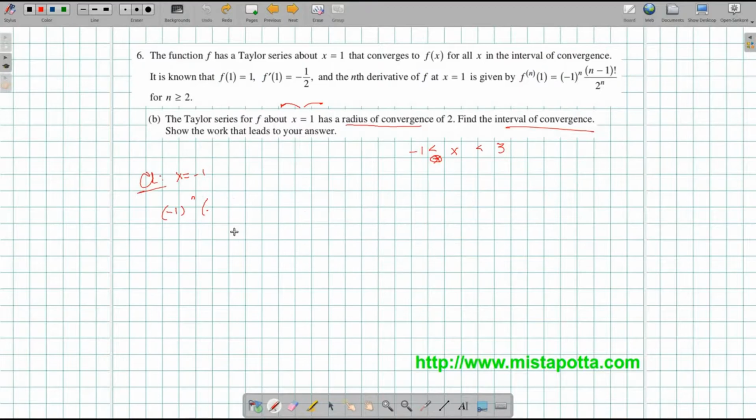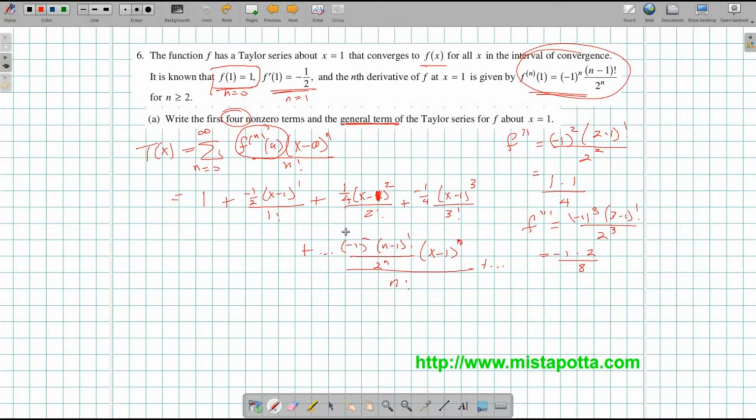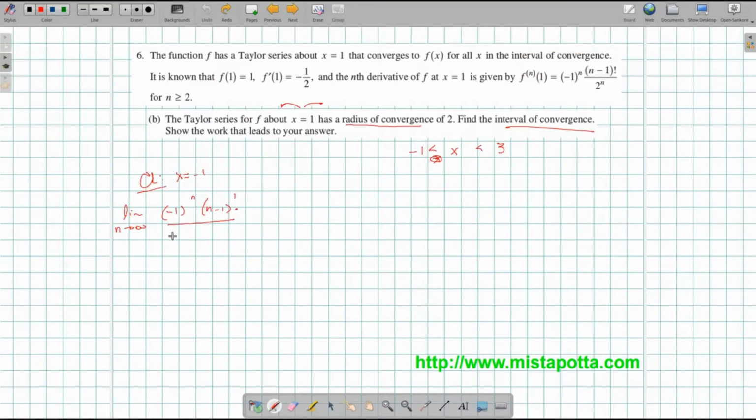So substituting everything I've got, looking for the limit as n approaches infinity. I've got negative 1 to the n times n minus 1 factorial over, I have an n factorial in the denominator, and I have a 2 to the n in the denominator as well, times x minus 1 to the n.